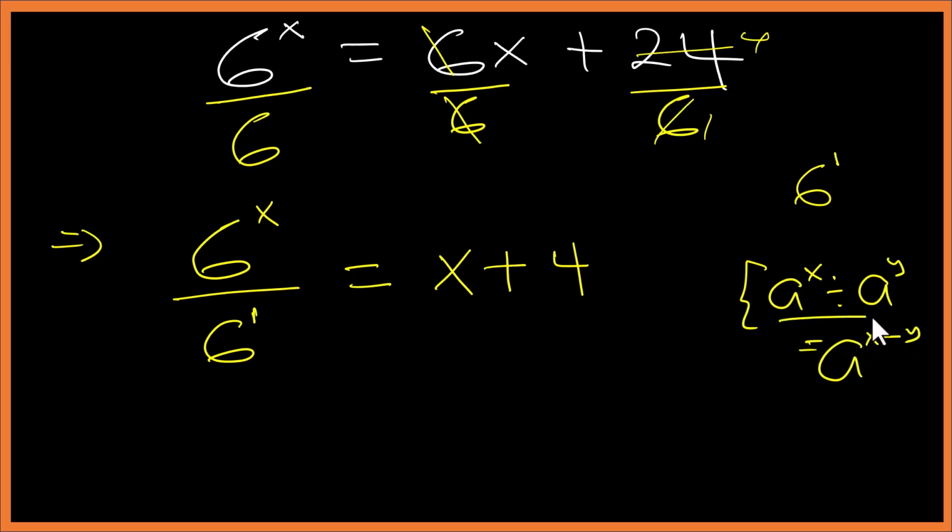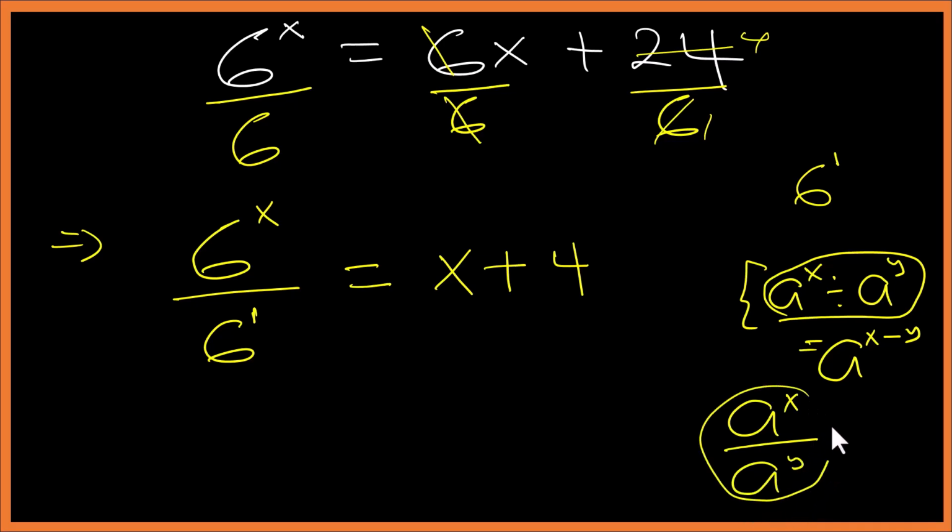And remember, this one can be written as a to the power x on a to the power y. So it's division, so we can do the same here. We can say 6 to the power x minus 1 equals x plus 4.